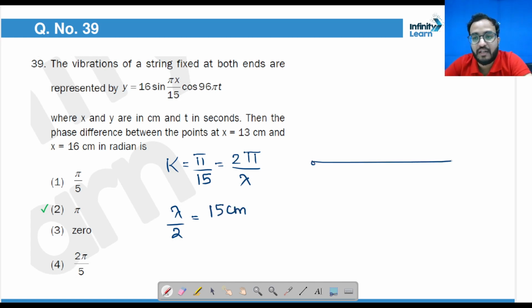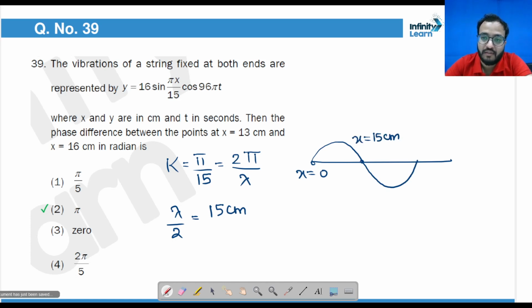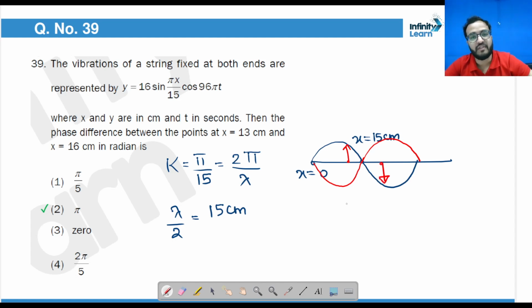That means if you start from here, this is x equals 0 and this is x equals 15 centimeter, right? So the wave will be formed like this. Yes or no? The particles here will be going up, the particles here will be going down. So they will have a phase difference of pi.